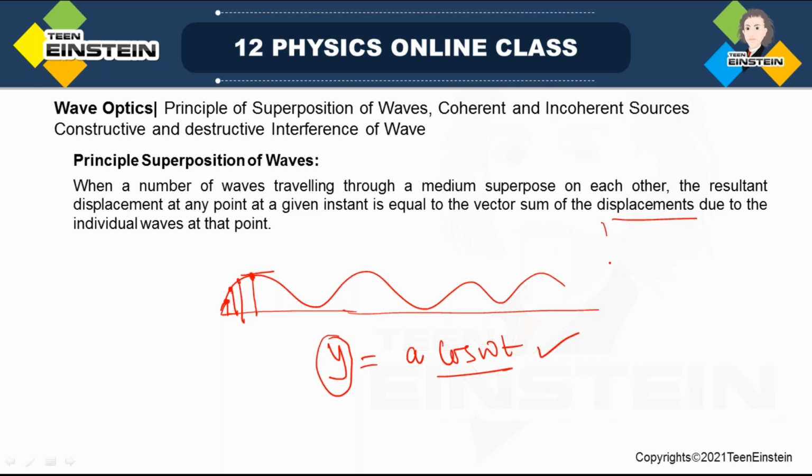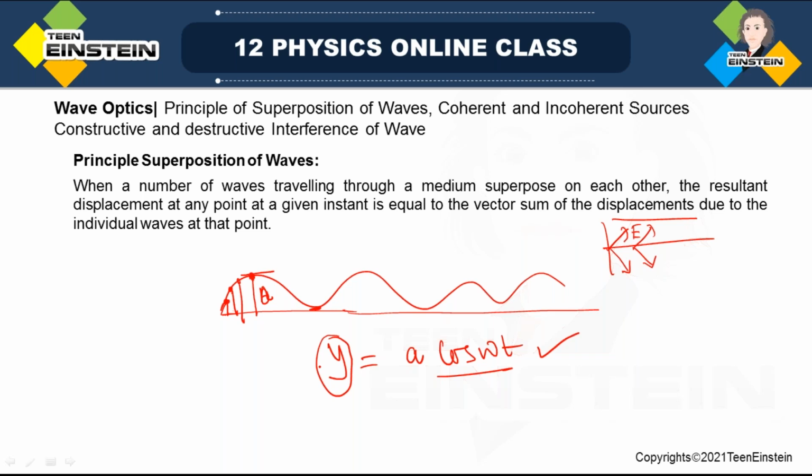Or in the case of an electromagnetic wave, what oscillates? That is the electric vector that we have seen in the 8th chapter, the electric vector and the magnetic vector. They oscillate. Oscillation means they will go through maxima and minima. See, this is minima and this is maxima. The maximum displacement is called amplitude, which is written here.